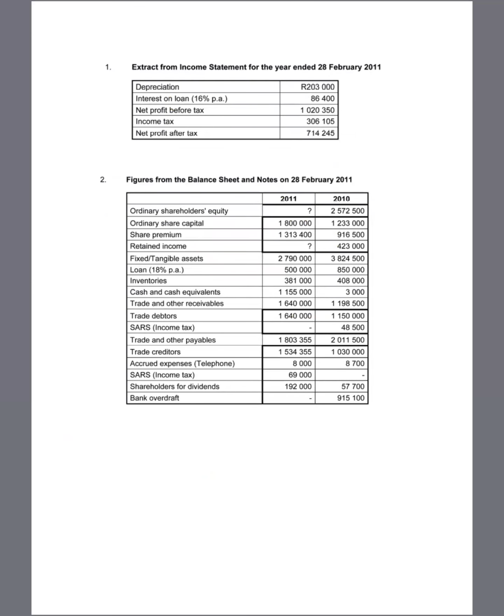So here's my cash and cash equivalent, right? So I'm going to see what I have. My cash and cash equivalent here is 3,000. And under 2011, it's this amount right here, 1,155,000. So what I'm going to assume is that they didn't give me my beginning, because 3,000 is too small.